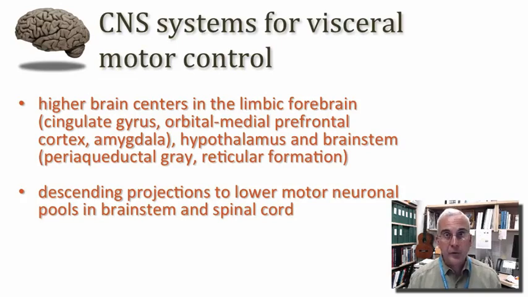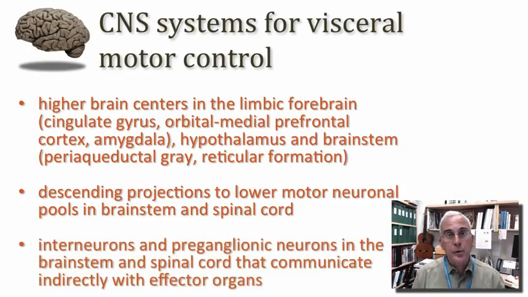So there are, of course, descending projections that connect structures like the amygdala, the hypothalamus, and the reticular formation with circuits of lower motor neurons more closely associated with the relevant cranial nerve nuclei, and the neurons that exit the spinal cord to interact with our ganglionic neurons that govern sympathetic and parasympathetic outflow via the spinal cord.